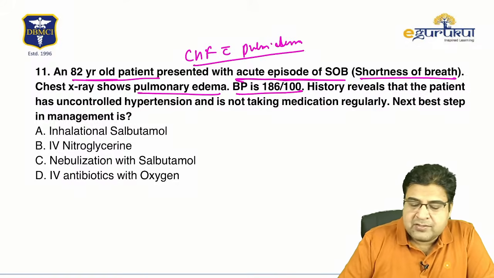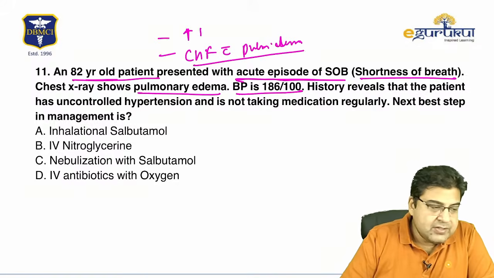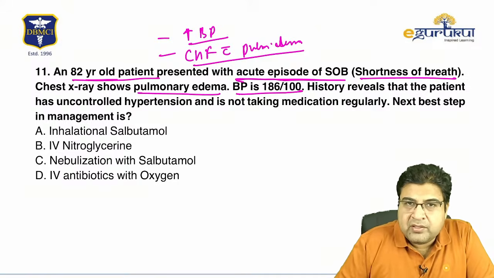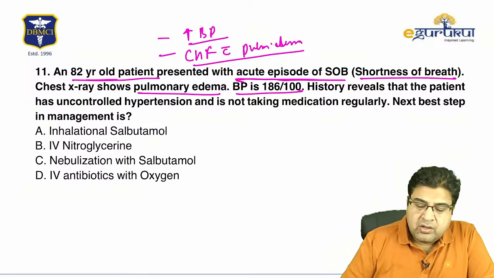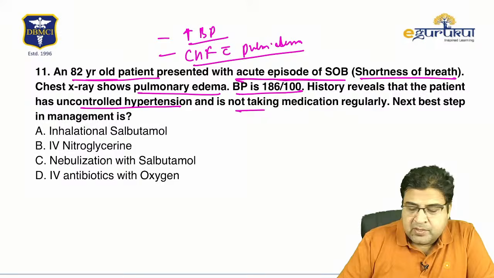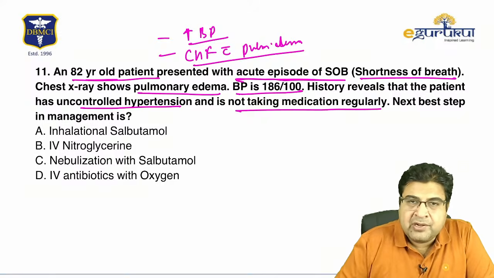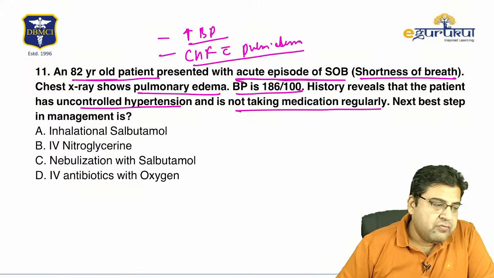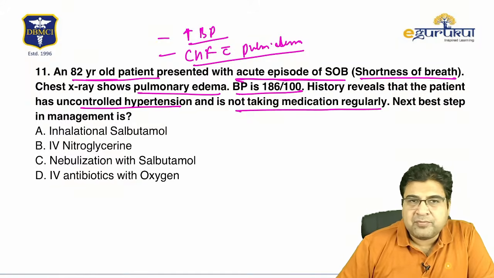Plus now the patient has got high blood pressure. So high blood pressure with acute shortness of breath. This is uncontrolled hypertension, because the patient is not taking the medicine regularly. That's quite common in old age. Now which medicine can we give to this patient?